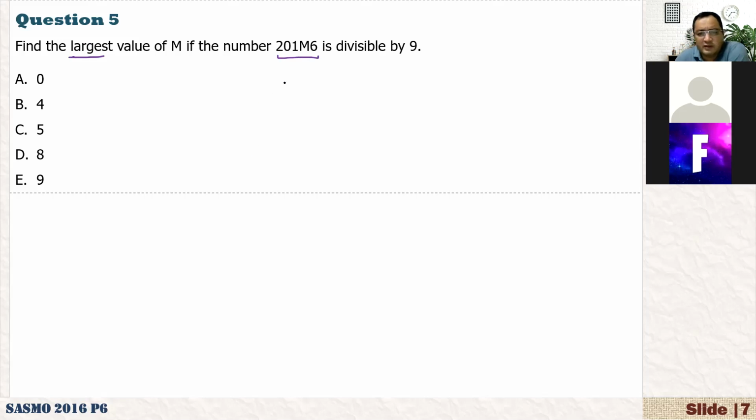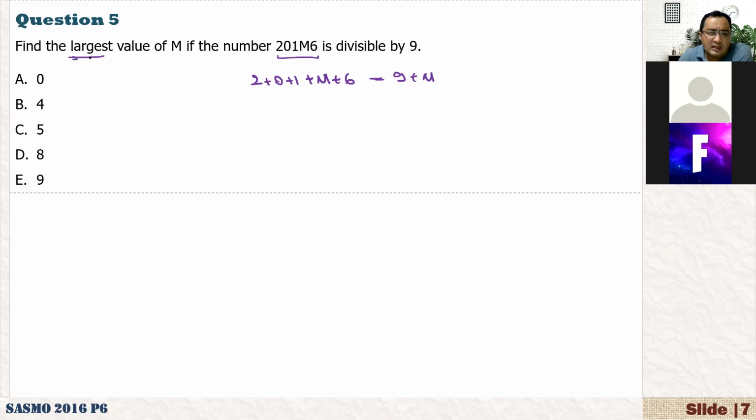Here we have 2 plus 0 plus 1 plus m plus 6. Simplifying, 2 plus 1 is 3, 3 plus 6 is 9, so 9 plus m should be divisible by 9.